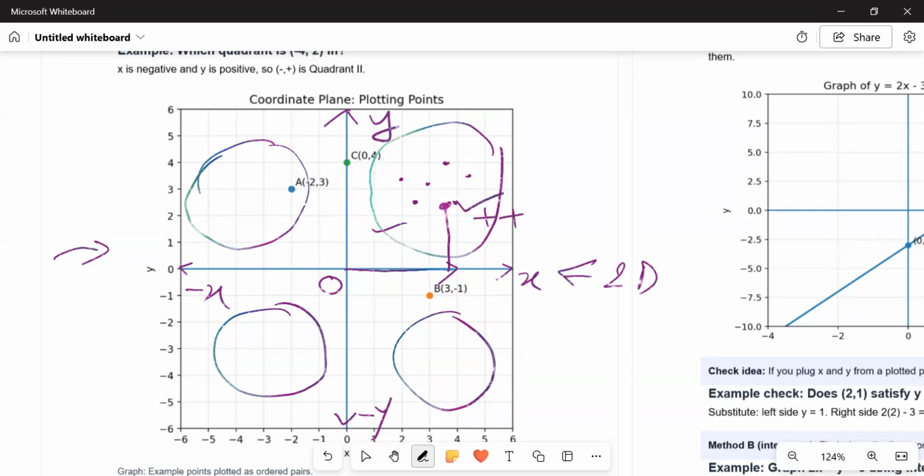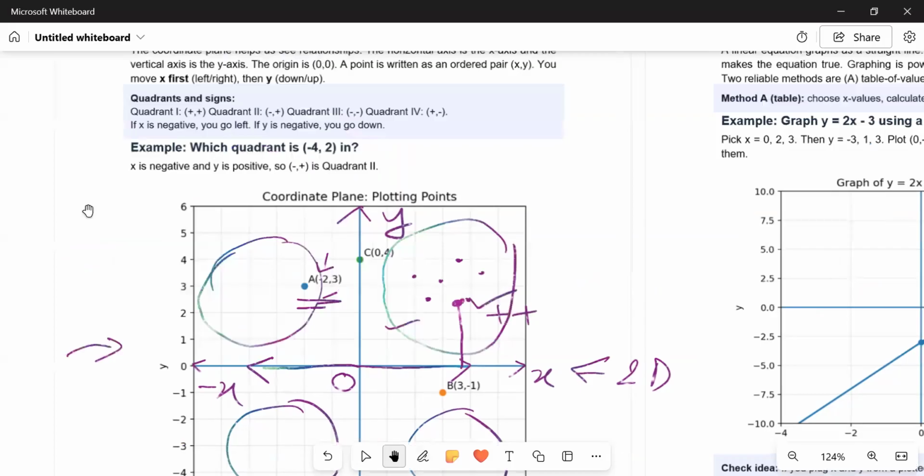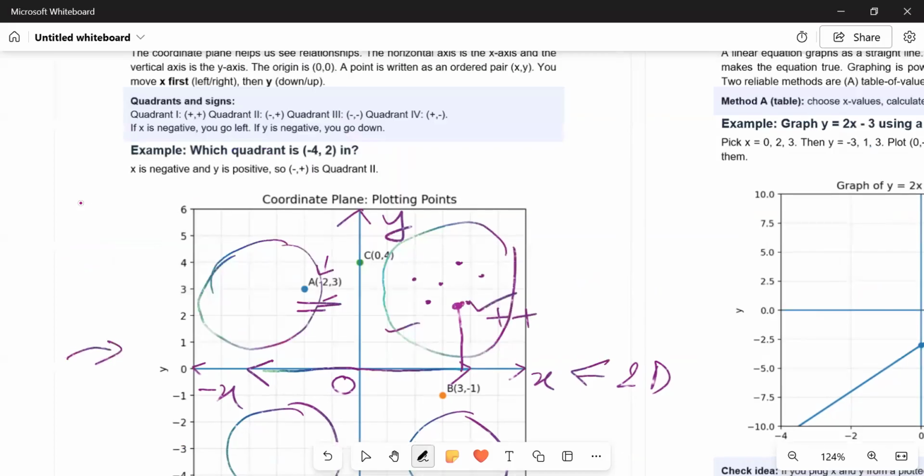Now here, suppose this, here the value of x is negative, it is -2, the value of y is positive. So this is our quadrant 2, where we have the value of x as negative and the value of y as positive.